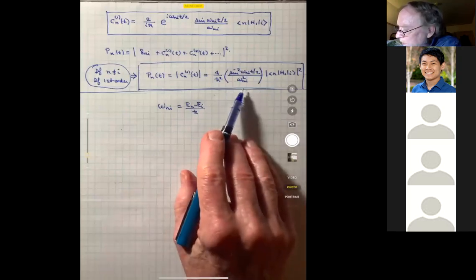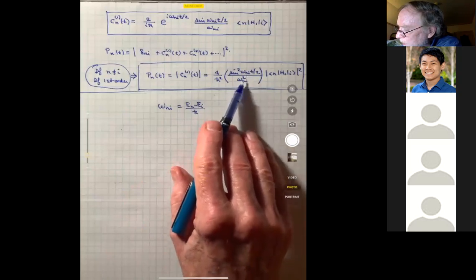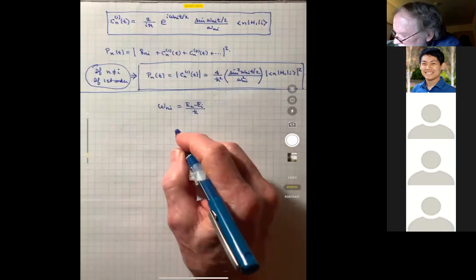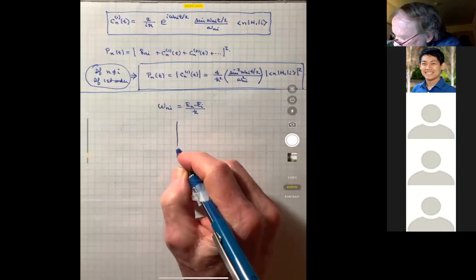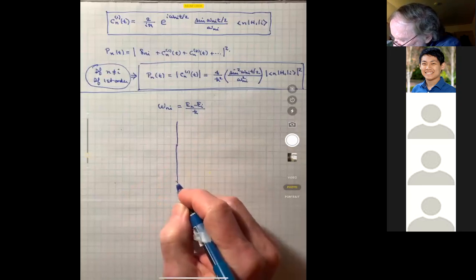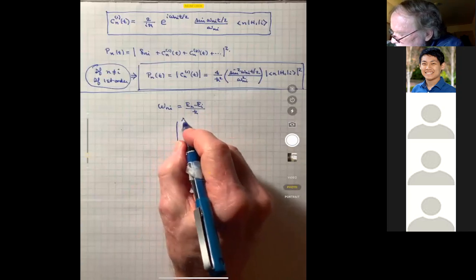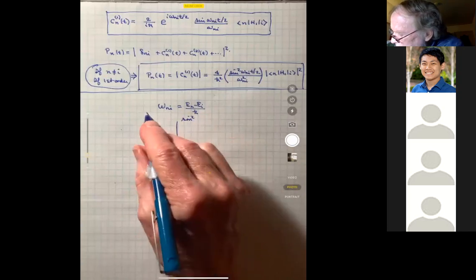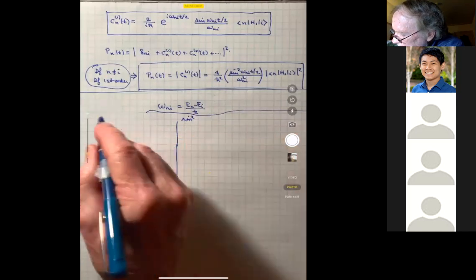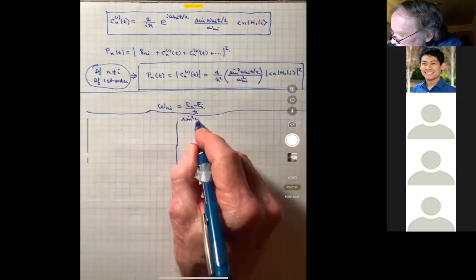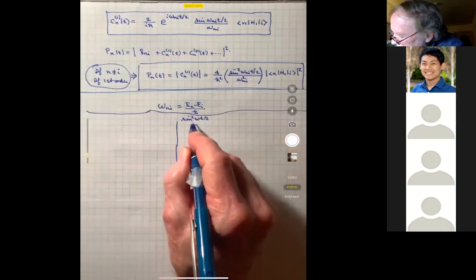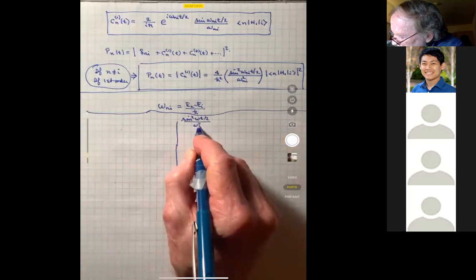To do that, I want to make a sketch of this function. I can suppress the ni subscripts on this, and let's see if I have enough room to make a sketch of this function here. I can tell you my artistic skills are not very good. Let's plot the function sine squared omega t over 2 divided by omega squared.